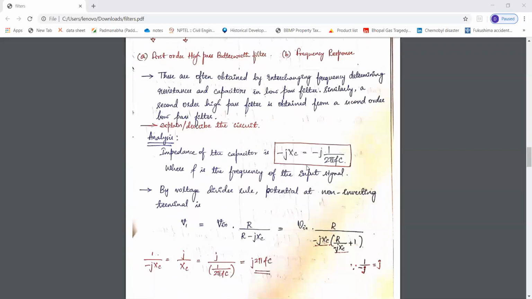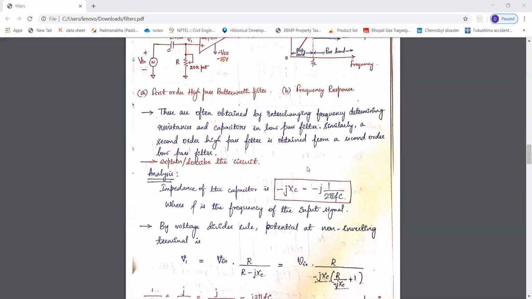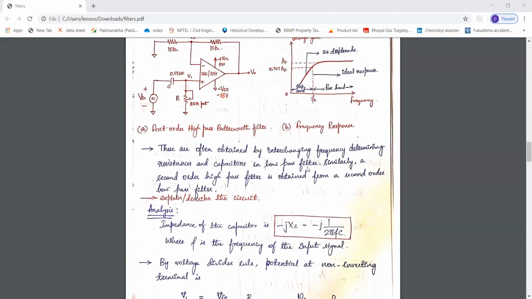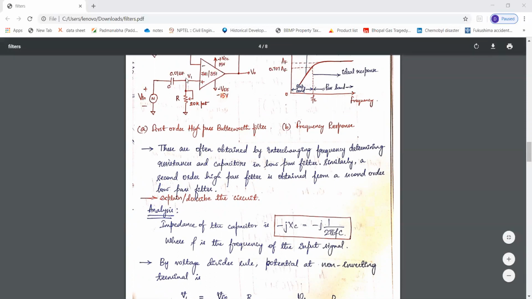Next, coming to the analysis of the circuit, the first step is to apply the voltage divider rule at the non-inverting terminal. Here this is the non-inverting terminal, and the voltage at the non-inverting terminal is V1, as you can see.